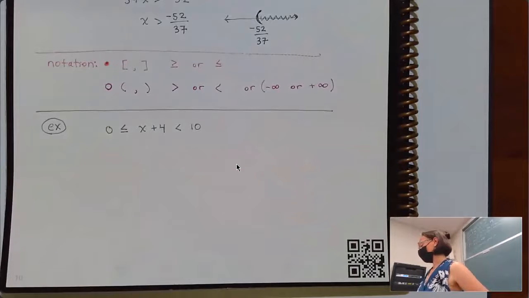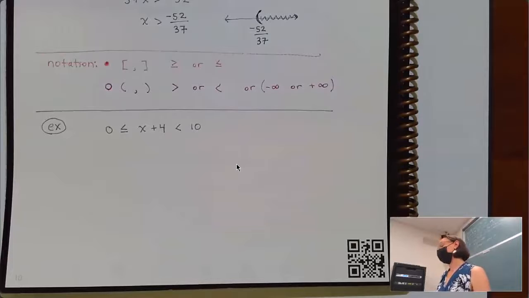I could make up some sort of word problem-y thing where this is what we would write. So I could say 4 more than a number is greater than or equal to 0, but less than 10.